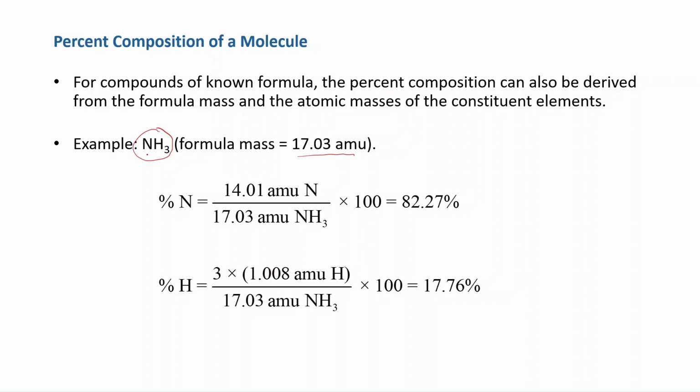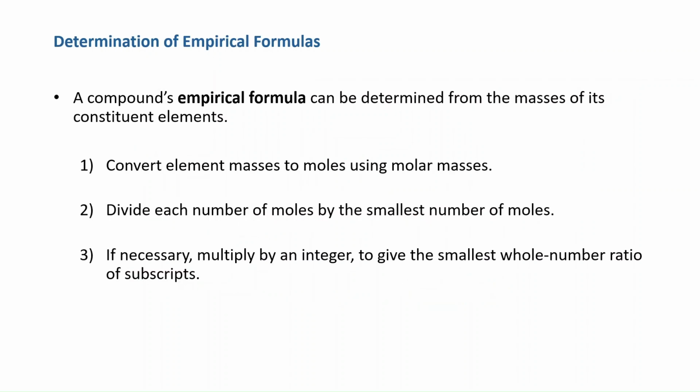There's one nitrogen atom, so you look at it in the periodic table, it's 14.01, divided by the total weight times 100, so that's 82.27%. Percent hydrogen, 3 hydrogens times the weight of 1 hydrogen divided by total weight times 100, 17.76%. We were not given grams, but we had the formula, so we can determine percent composition that way too.